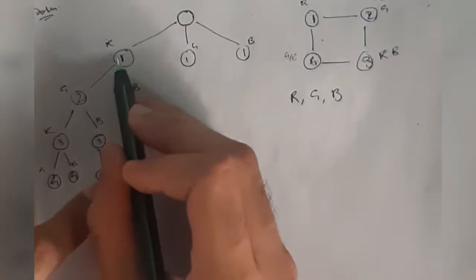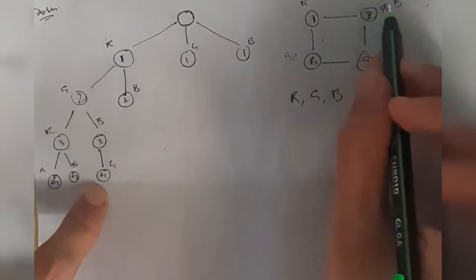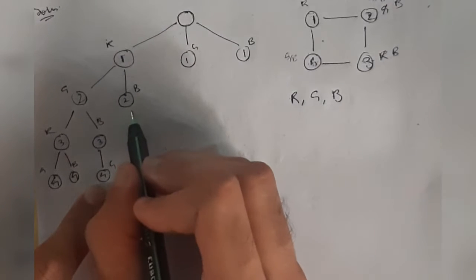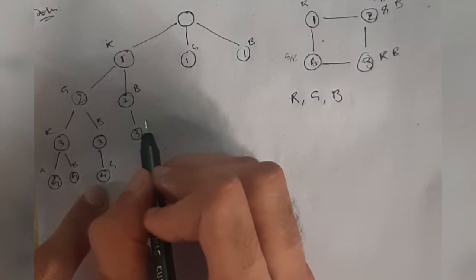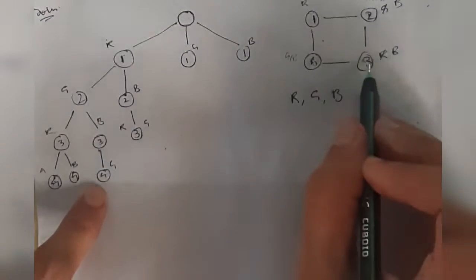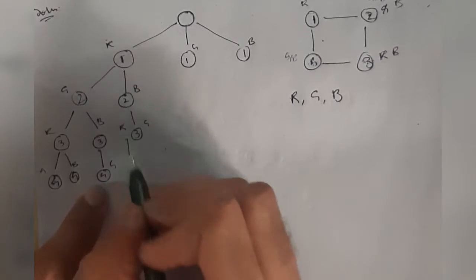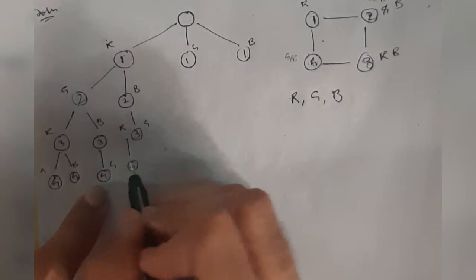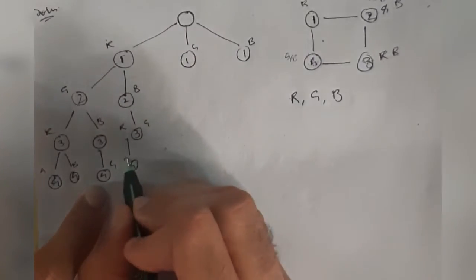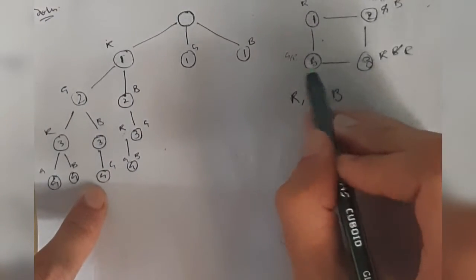Here, red and blue, red, blue, and this is connected with 3. Now 3 can have two possibilities, either green or red. In case it is red here, then 4 can be either green or blue.